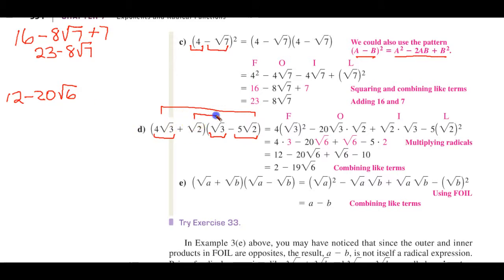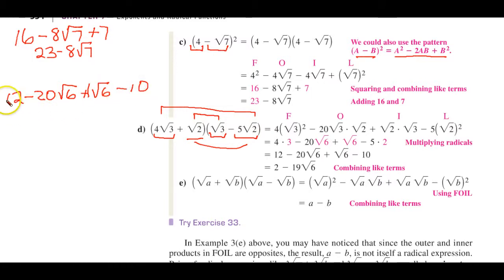Now your inners would be plus the square root of 6. And we can put a 1 there, so you know you have to do some adding. And then when you do your last, we get the square root of 2 times the square root of 2 is the square root of 4, which is 2. Negative 5 times 2 is a negative 10.